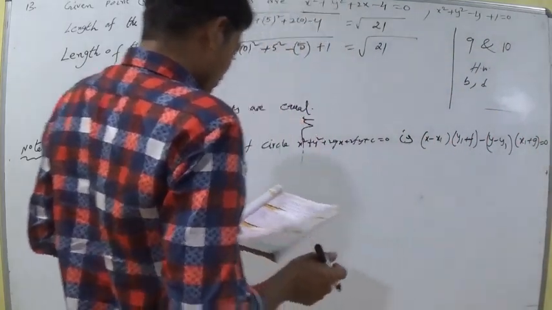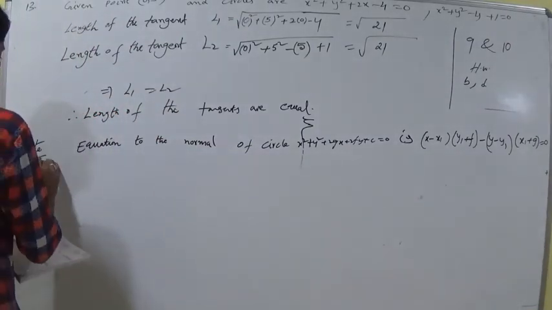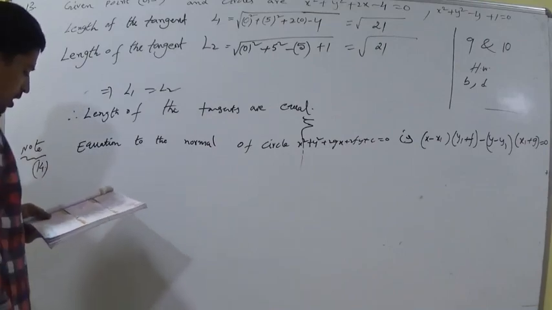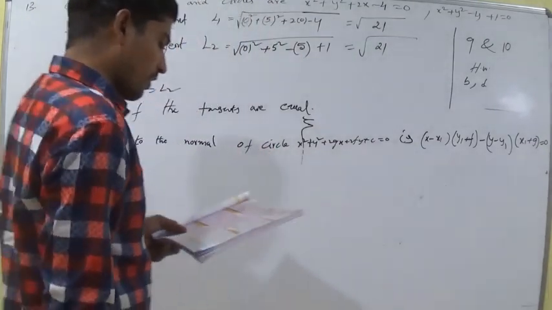Let us solve the problem using this formula. 14th one: equation of the normal to the circle, given circle and given point.